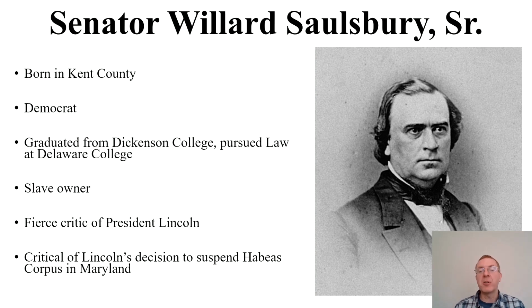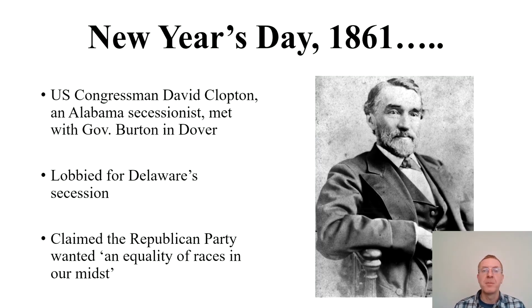He was very critical of Abraham Lincoln and of the Republican Party, unsurprisingly. Now, when Lincoln suspended habeas corpus in Maryland in order to stop Maryland from seceding, Salisbury was very critical of the president publicly, which again did not sit well with the president.